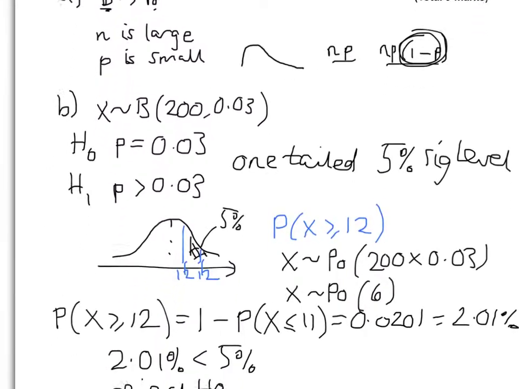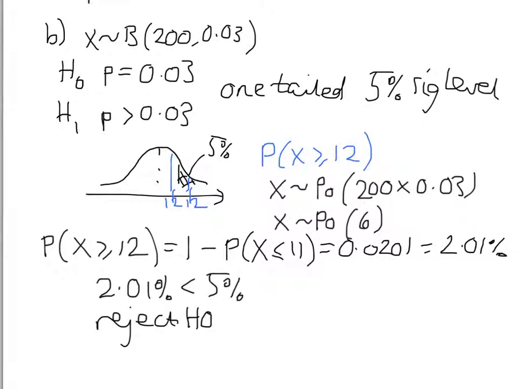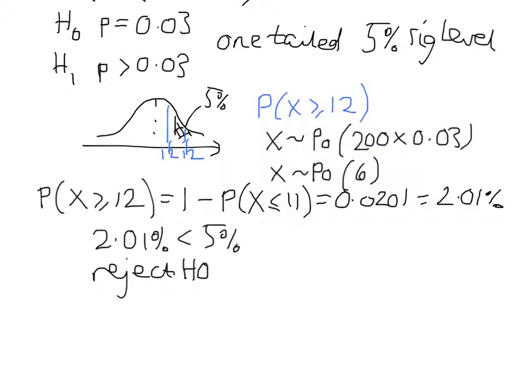Well, remember, this is a distribution for the old machine, and it was incredibly unlikely that we would have got that with the old machine. There's only a 2% chance that would have happened with the old machine. We now need to write that up for our final mark.